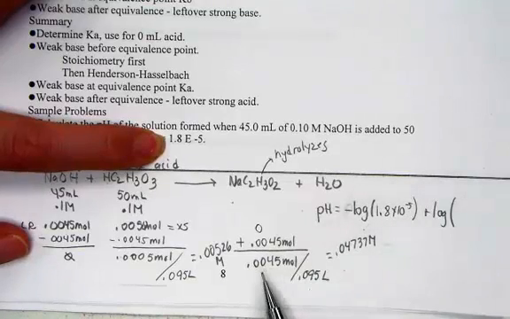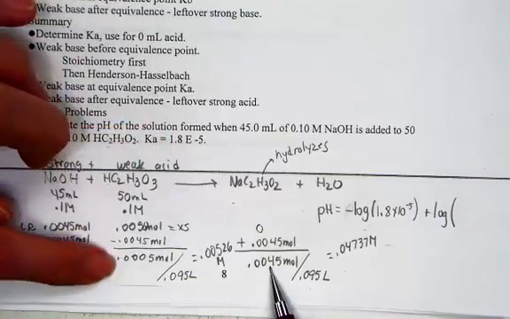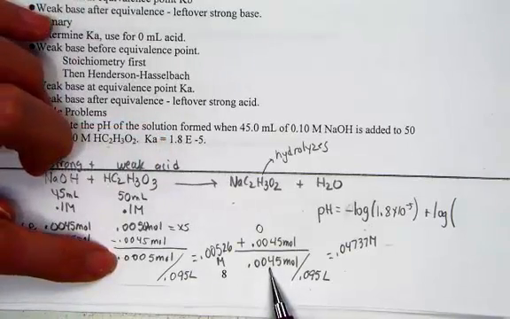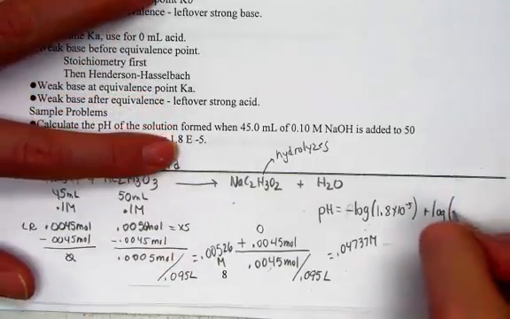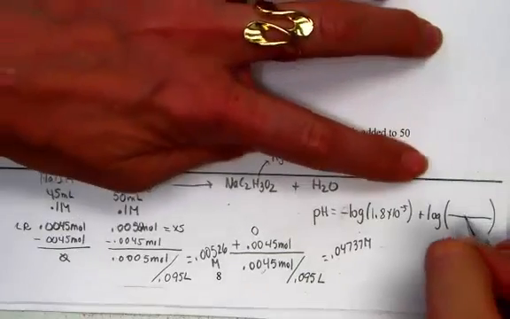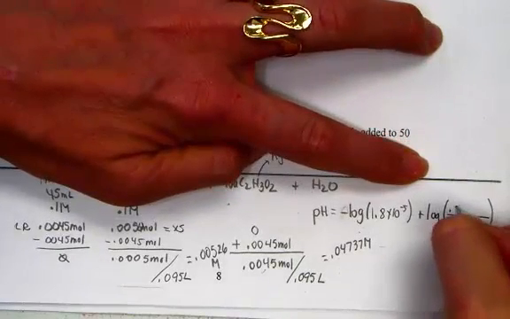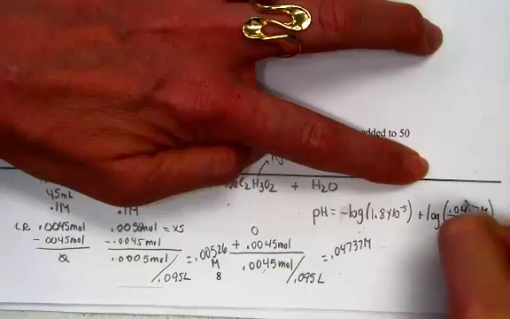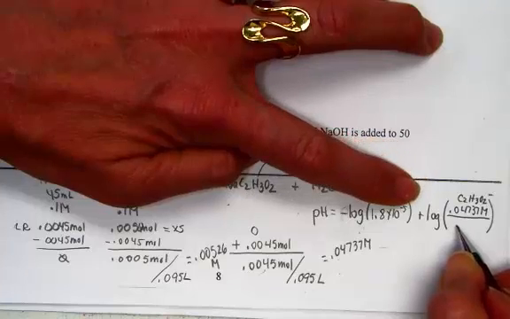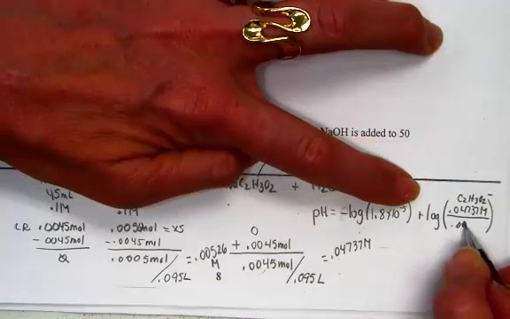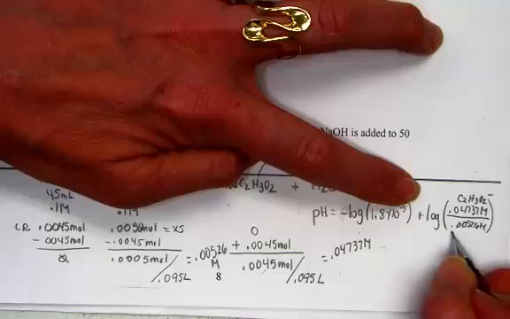We may choose to put 0.0045 over 0.0005, or we could put in the molarity units, and I bet we find the same answer. The molarity of the conjugate base, the sodium acetate, is 0.04737 molar, over the concentration left of the acid after most of it was consumed. We have 0.00526 molar of the acid.